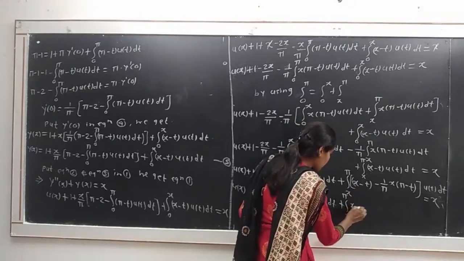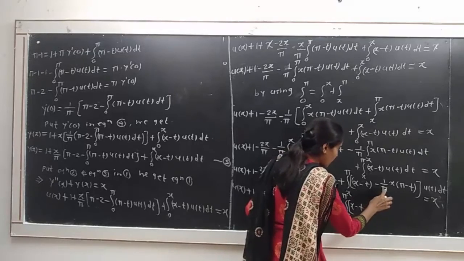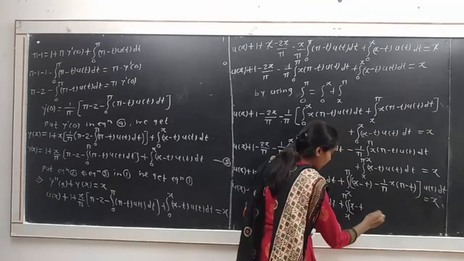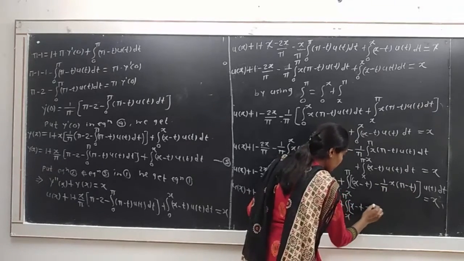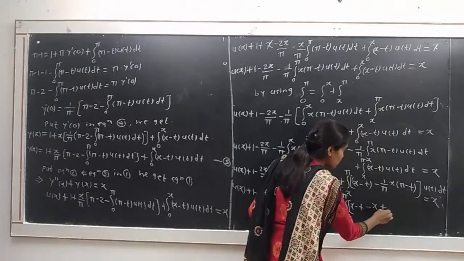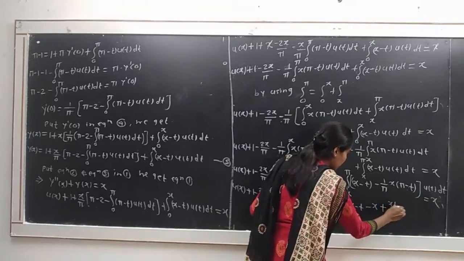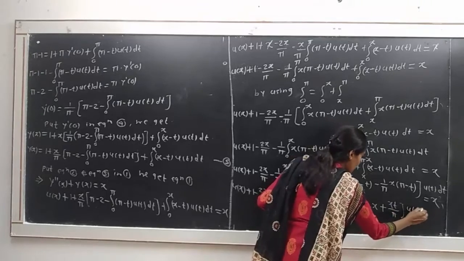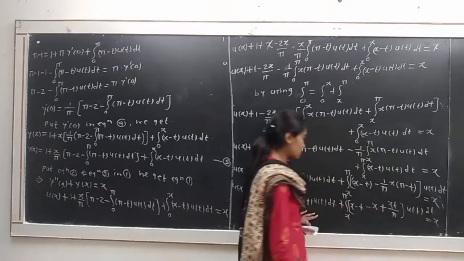Here this x minus t will be as it is in square bracket, and then we multiply this minus x by pi inside this bracket. We get minus, pi gets cancelled and here we get only minus x, then minus becomes plus, and here we get xt divided by pi into u of t dt is equal to x.